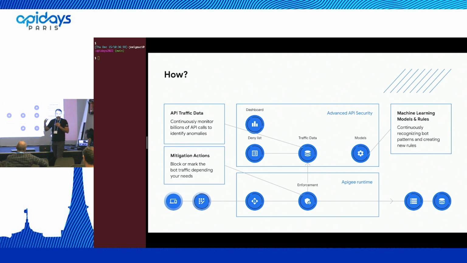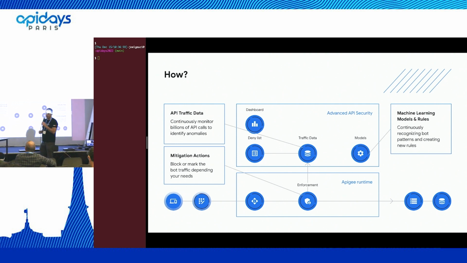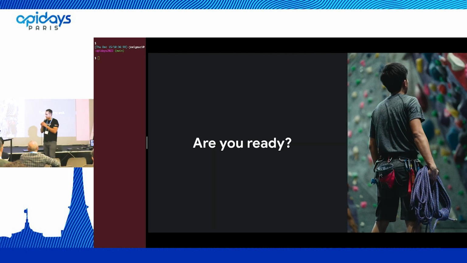It works with Apigee X, our managed solution where all the infrastructure is managed by Google, and also with Apigee Hybrid, where the runtime can be on-premise or on another cloud. You still have the same level of protection because we rely on the control plane for our machine learning models. That's it. Come and we will explain more.